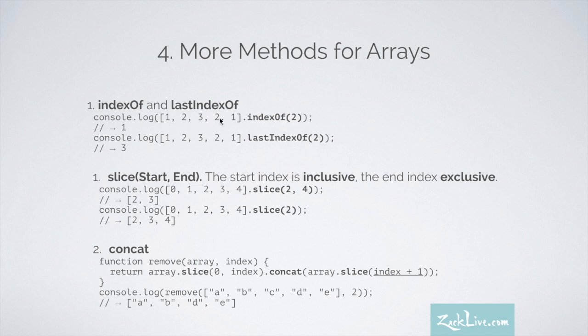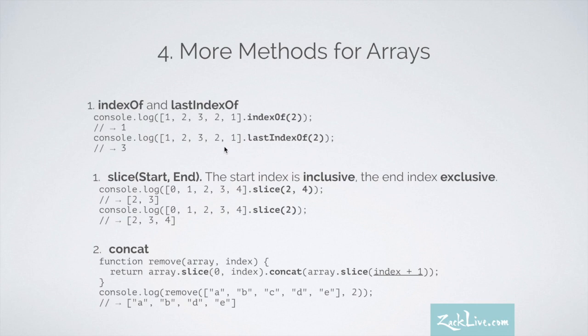In this array, as we can see, the number 2 is at the second place, and the index is 1, so we will get 1, and the function will end as long as it finds the first index of the argument.